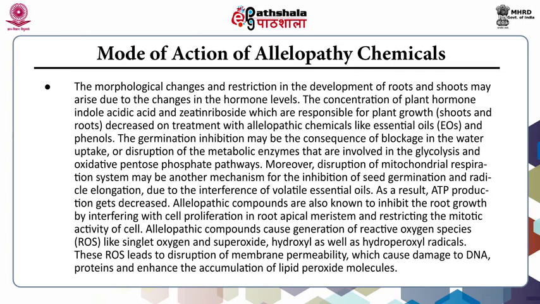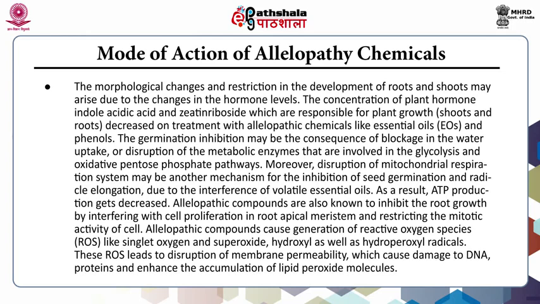The germination inhibition may be the consequence of blockage in the water uptake or disruption of the metabolic enzymes that are involved in glycolysis and the oxidative pentose phosphate pathway. It should be remembered that both glycolysis and the oxidative pentose phosphate pathway are responsible for ATP production.